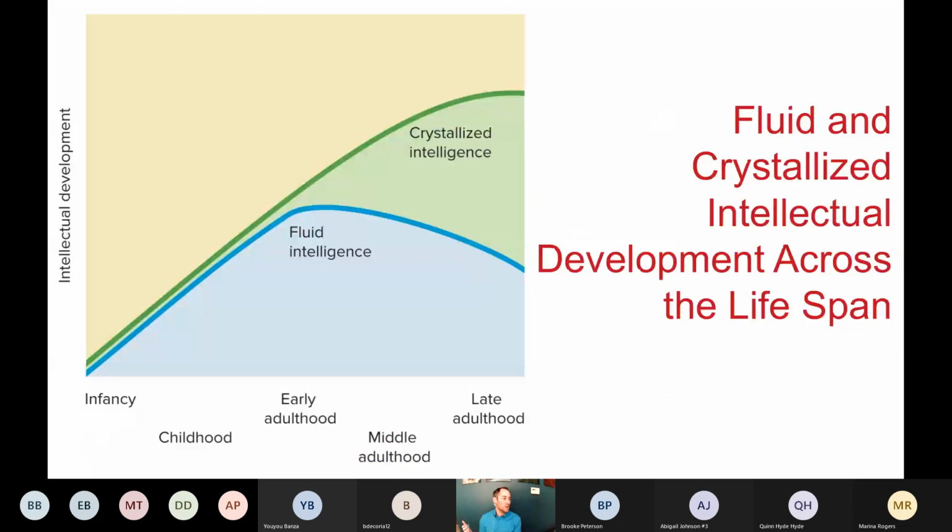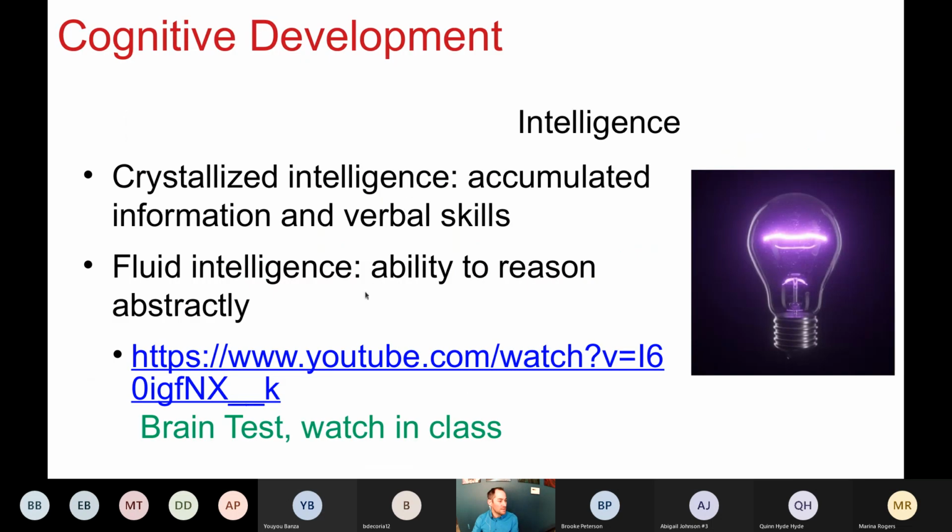Previous research showed that this happens fairly early on, but we'll see today that the longitudinal trends for a lot of cognitive capacities actually stay really stable throughout middle adulthood and even well into late adulthood as well.